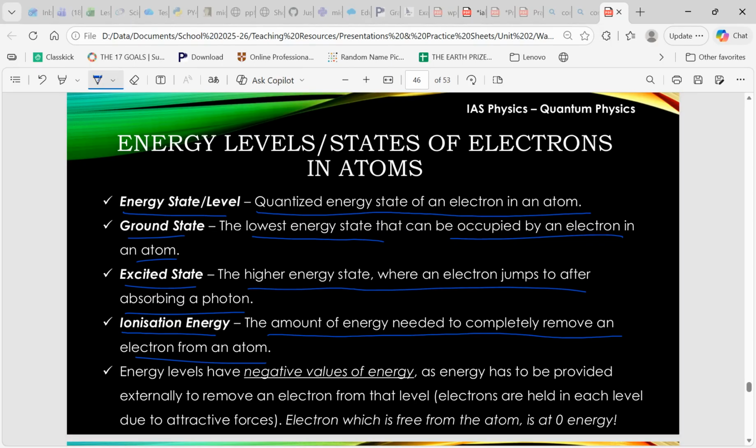So for example, if an electron is closer to the nucleus, then a greater amount of ionization energy will be needed to remove it completely from that energy level. But if an electron is already in a higher energy level where it is not very tightly bound to the atom, and does not have a high electrostatic force of attraction between the electron and the nucleus, in that case the ionization energy will be smaller.